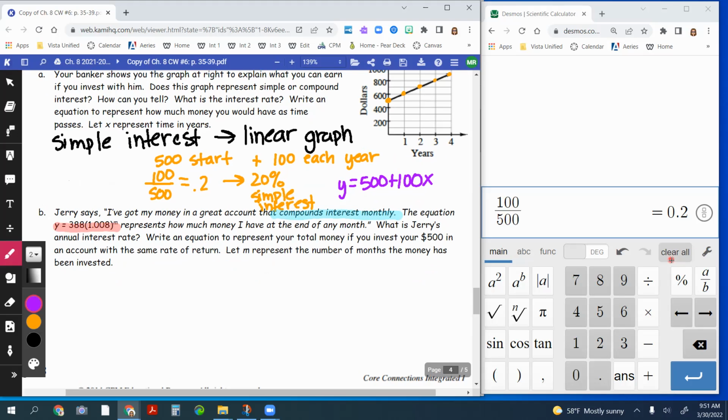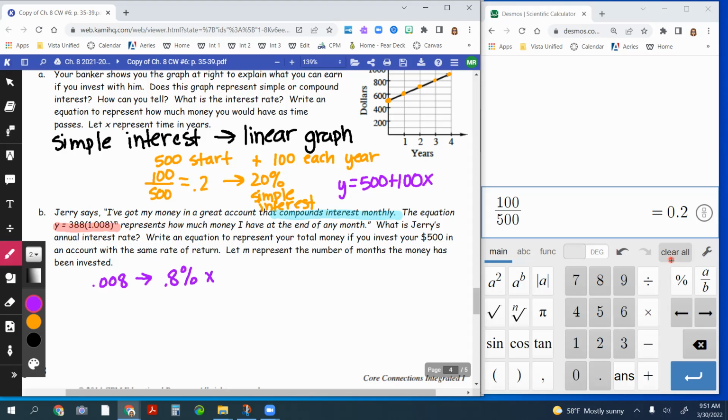So this is how much he gets. So basically he has 0.008, which is, if I move my decimal 2 places, 0.8%. And he got 0.8% each month.